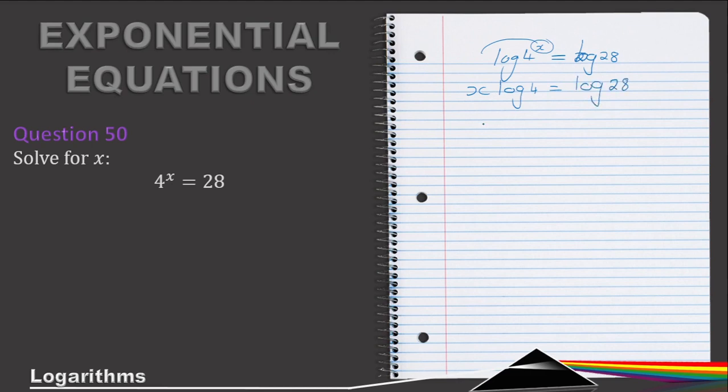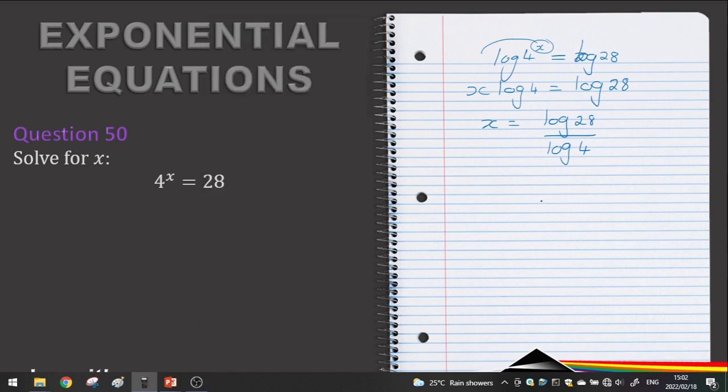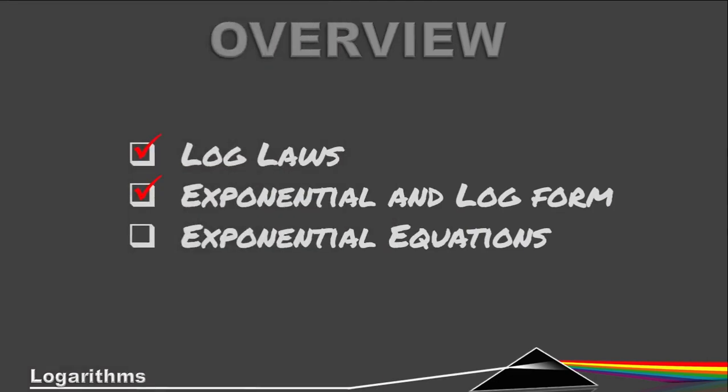Divide both sides by log 4, so x equals log 28 over log 4, and then we type that into the calculator. So that's equal to 2.4, and we are done. Okay, so that was it.